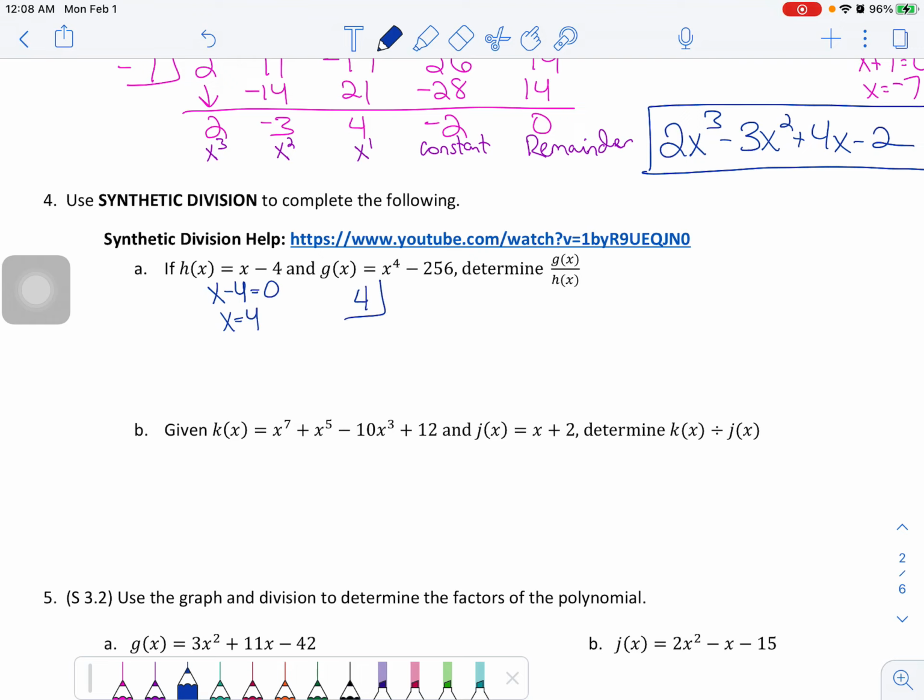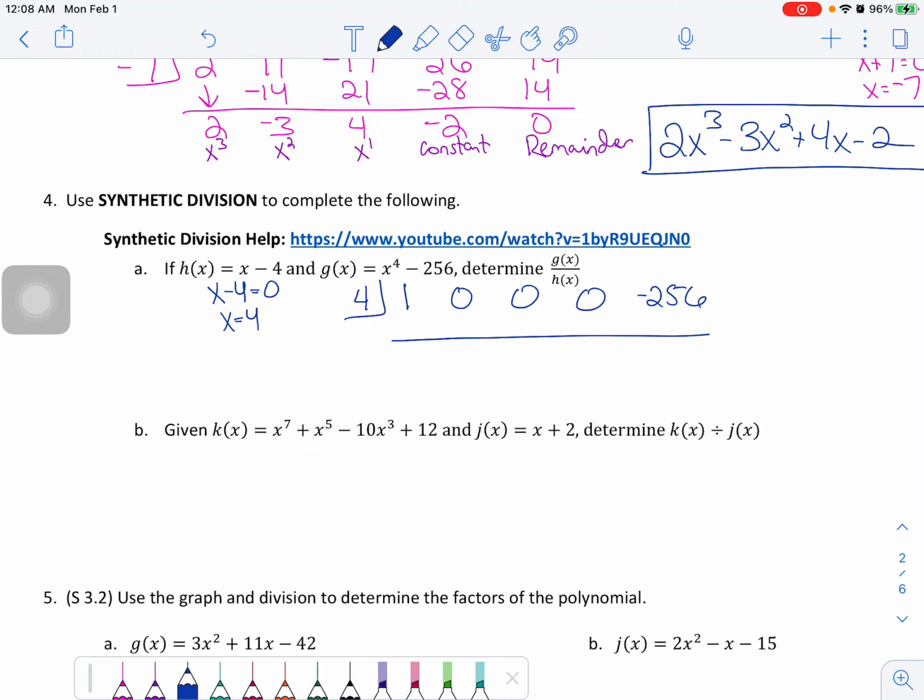And then for synthetic division, I again just want to pull the coefficients here of the polynomial I'm dividing into. However, this particular polynomial is missing a bunch of terms. So we've got the coefficient of x to the 4th, the coefficient of x cubed, the coefficient of x squared, the coefficient of x, and then the constant.